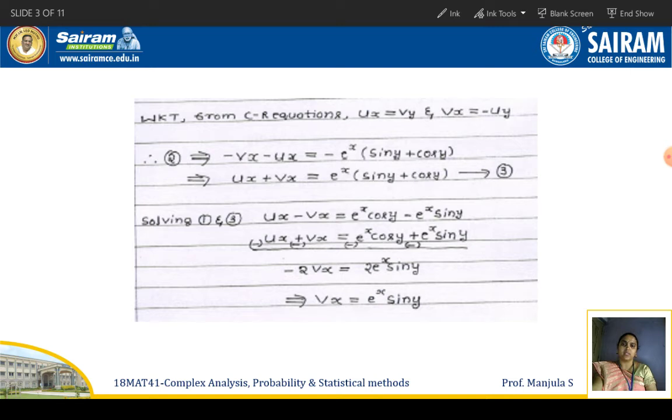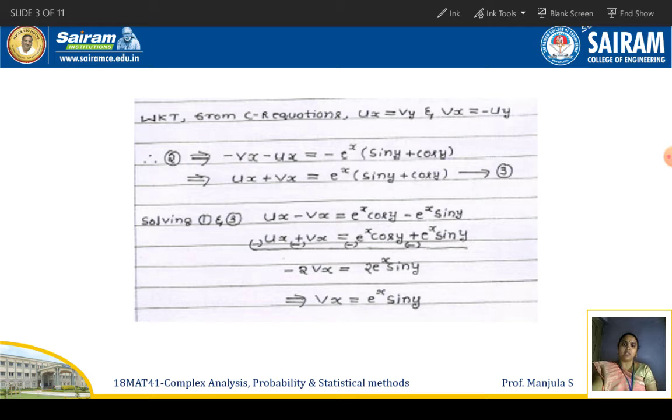So equation number 2 can be written as minus vx minus ux equals e to the power x into sin y plus cos y. We can write that as ux plus vx equals e to the power x into sin y plus cos y, because the negative sign gets cancelled on both sides. Take this as equation number 3.